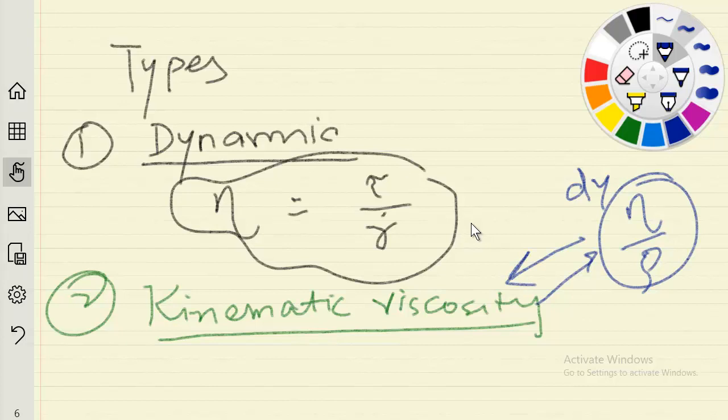Your dynamic viscosity is shear stress over shear rate, while your kinematic viscosity is dynamic viscosity divided by density, and it is also affected by gravitational acceleration and inertial and viscous forces.